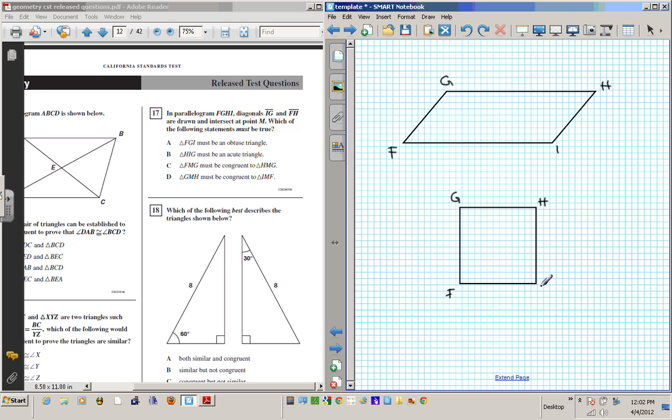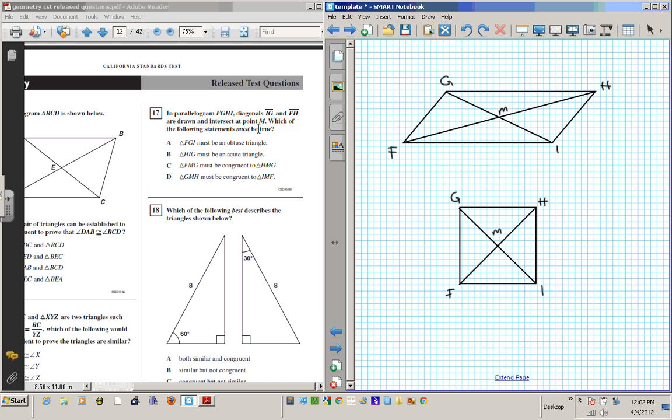Okay, so it says IG and FH intersect at point M. So you have the diagonals intersecting at point M. This is the first diagonal right here, and this is the second diagonal. They both intersect at point M.